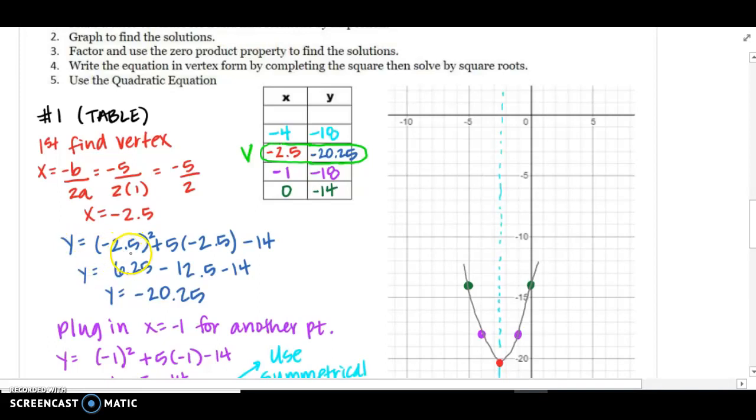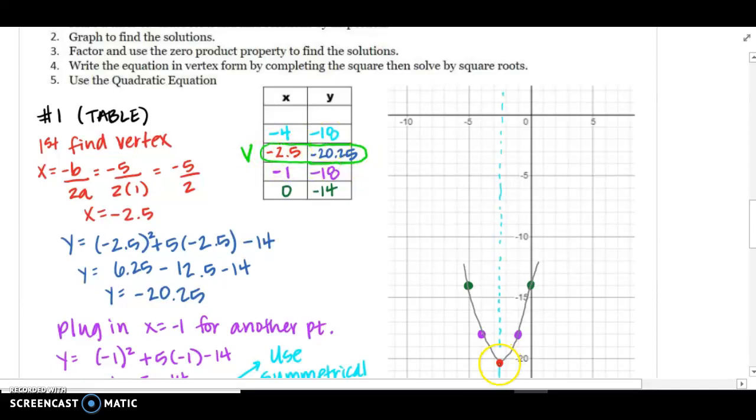Y equals -2.5 quantity squared plus 5 times -2.5 minus 14. If I square negative 2.5, you get 6.25 minus 12.5 minus 14, which computes to negative 20.25, which is what I wrote up in the table. Notice how I put the vertex there in the middle because everything centers around that.